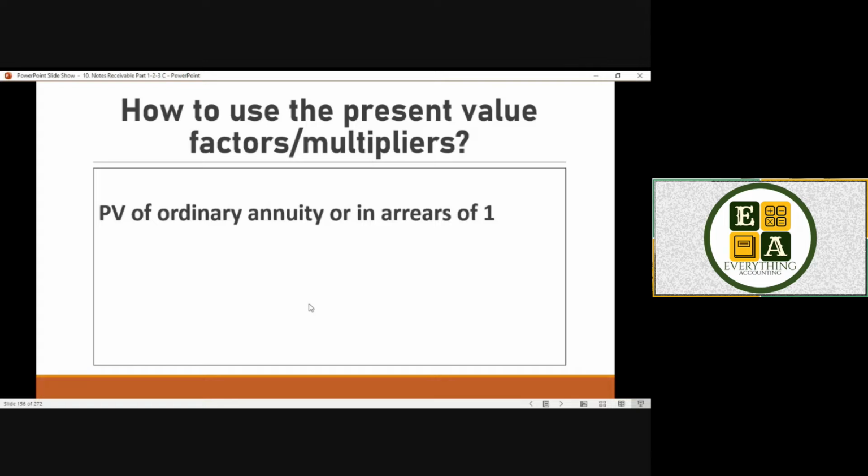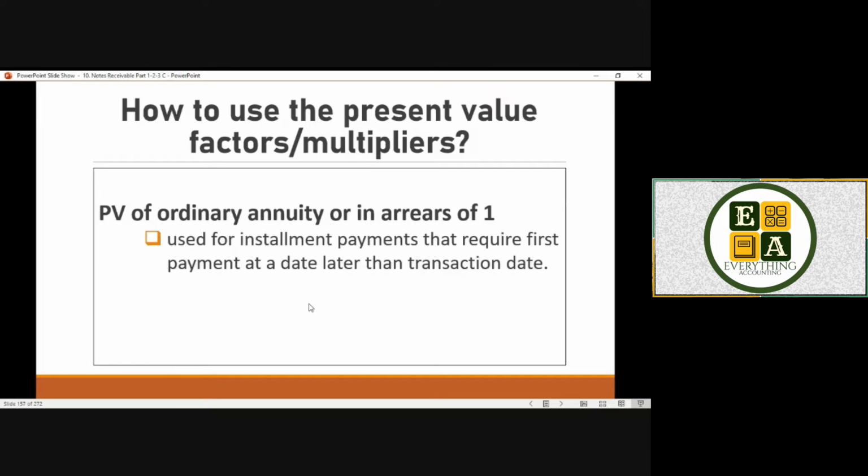For present value of ordinary annuity or in arrears of 1, ordinary annuity or in arrears of 1 are just the same. When we say ordinary annuity or in arrears of 1, it is used for installment payments that require the first payment date at a later date than the transaction date. What does it mean?